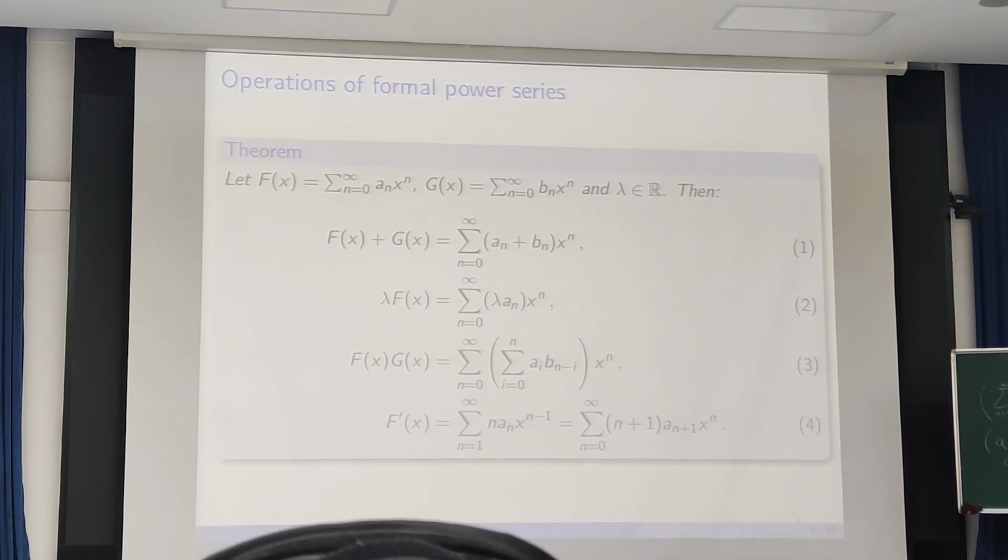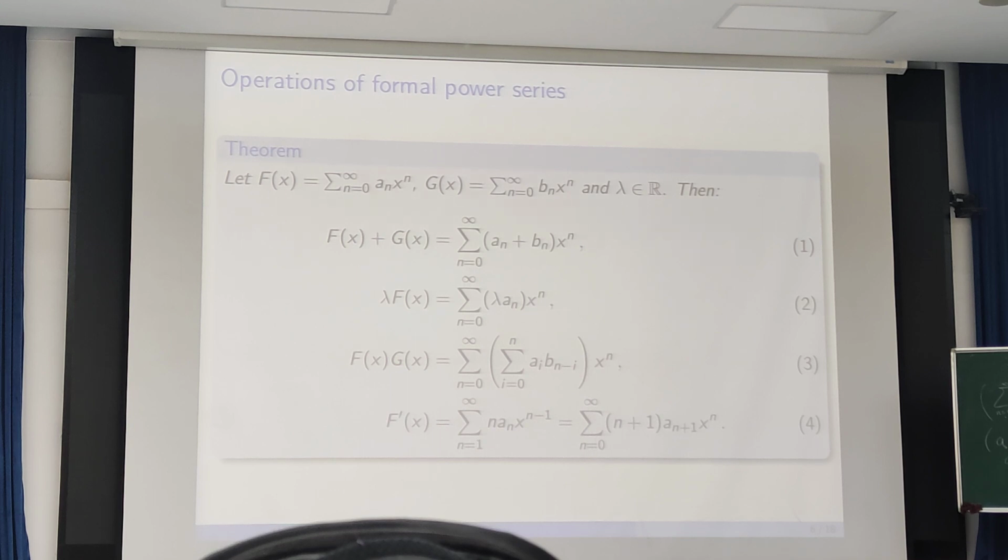So to summarize, for formal power series, you can do these basic operations. You can do the sum, you can multiply by a scalar, you can multiply two power series, or you can take the derivative.